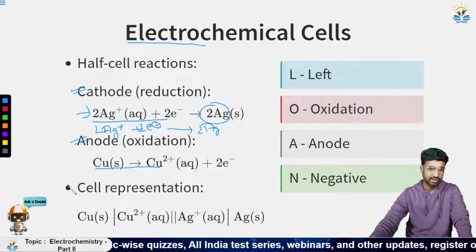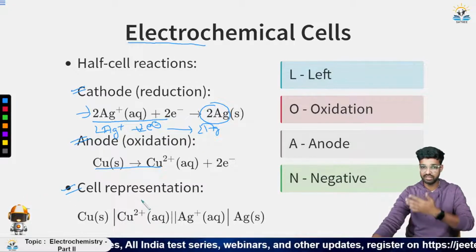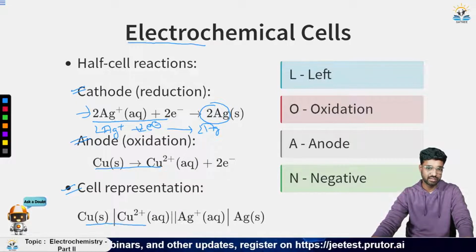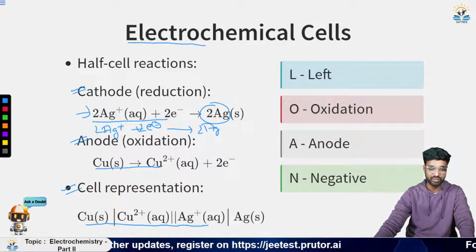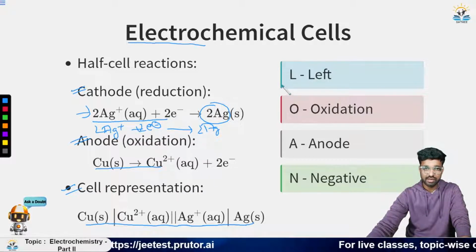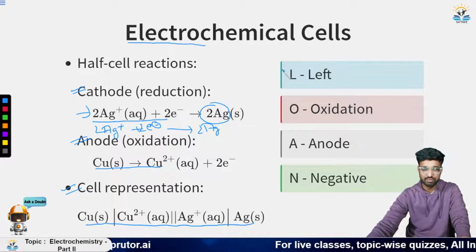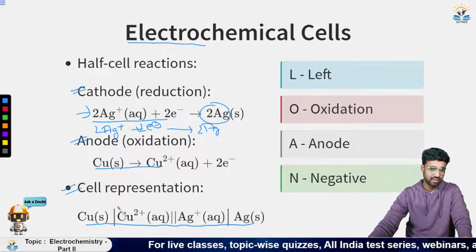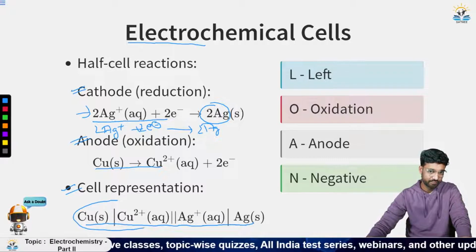If we want to represent this whole cell, this cell representation is very important, because in exams we do get the cell representation and then we have to find out which species will get oxidized and which will get reduced. So this is a shortcut trick I have put here. You just have to remember this word LONE, which means the species present on the left side.